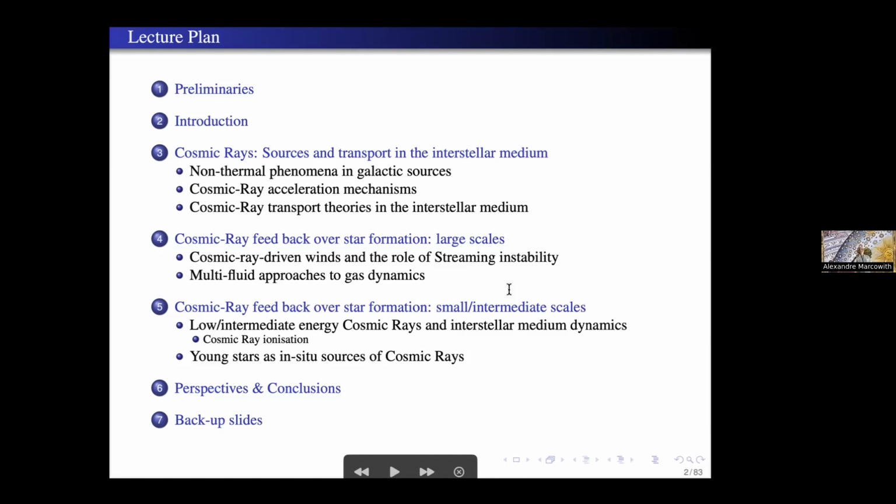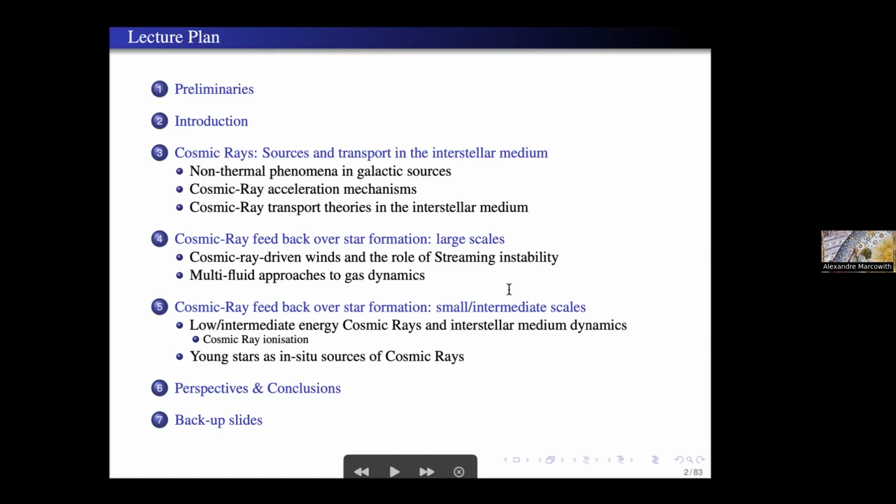Then I will move to astrophysics, and then you will have a break, showing complementary material to what Stephanie just did, about cosmic ray feedback on star formation at large scales.